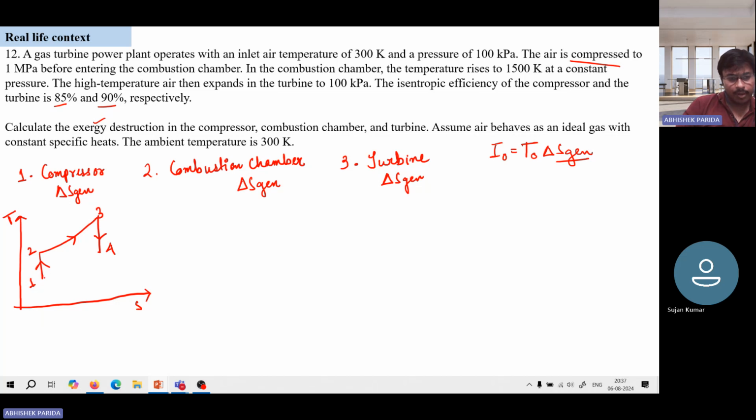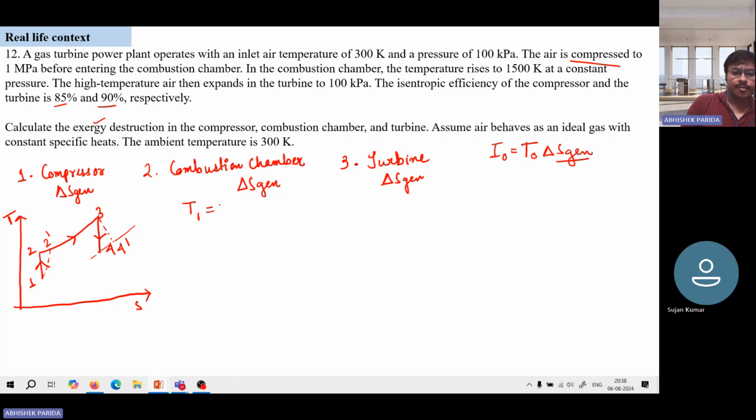But in this question there is some irreversibility involved, so isentropic efficiency is given. The temperature at the outlet of the compressor won't be 2, it will be 2 dash. And the temperature at the outlet of the turbine won't be 4, it will be 4 dash. The temperature at both the compressor outlet and the turbine outlet will be a little higher than if an isentropic process is followed.